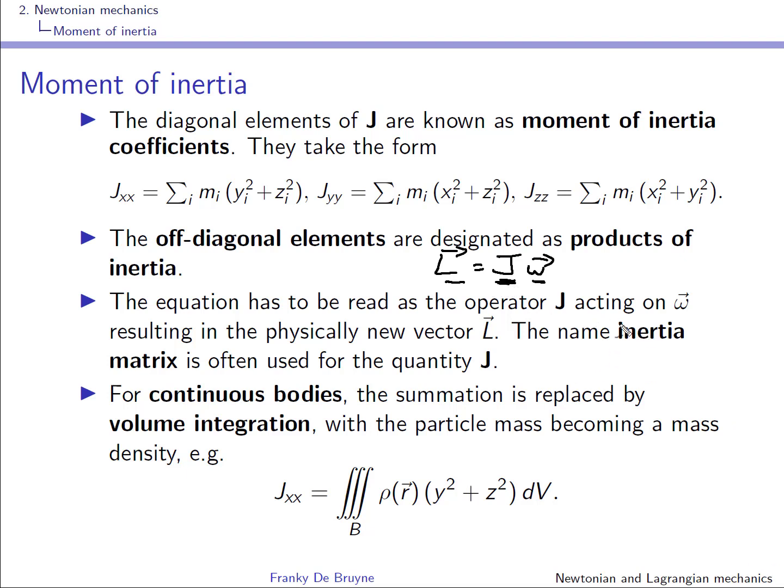What you see here above is for systems of particles. You can do something similar for continuous bodies. Summation has to be replaced by volume integration, and of course you have to use density. These are things that you have been doing in other courses.